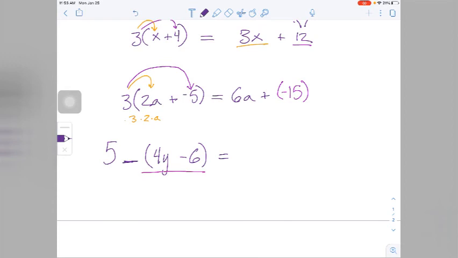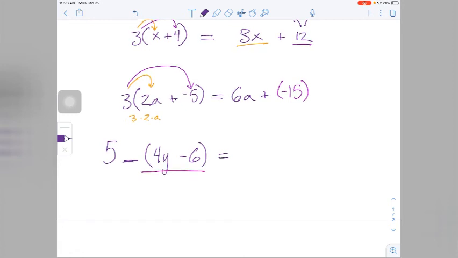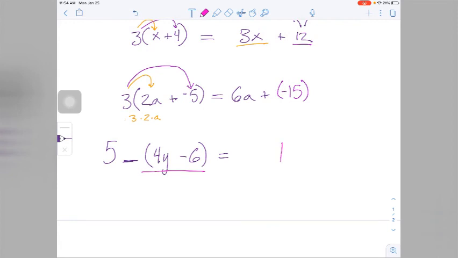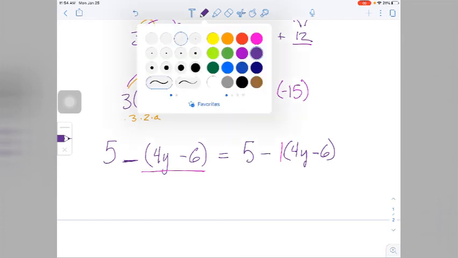When there's no number in front of parentheses, it means 1 of whatever's in the parentheses. So I would rewrite that part as 1 times 4y minus 6. And so then I would write the rest of it in like that.